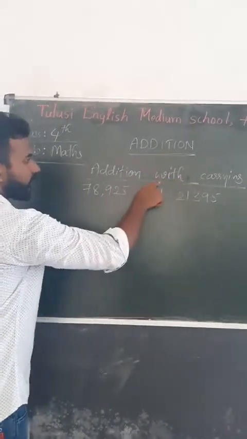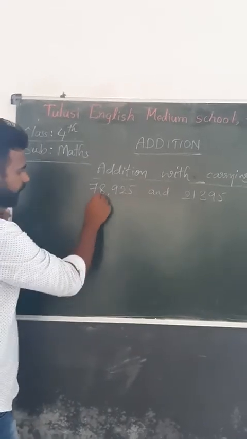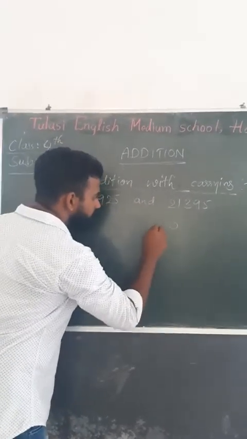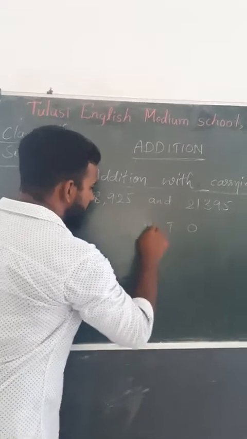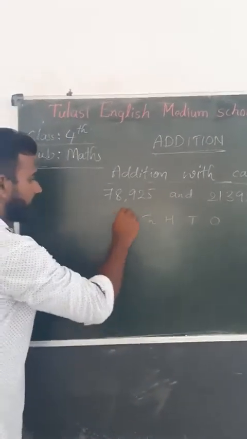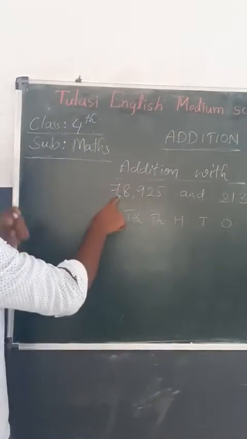There will be carry. First we have to write the names of the places: ones, tens, 100, 1000, 10,000.